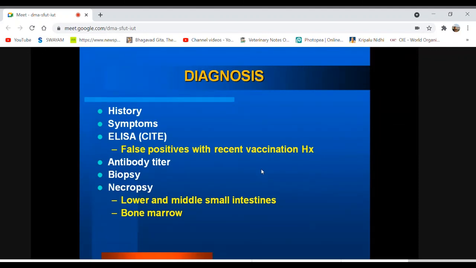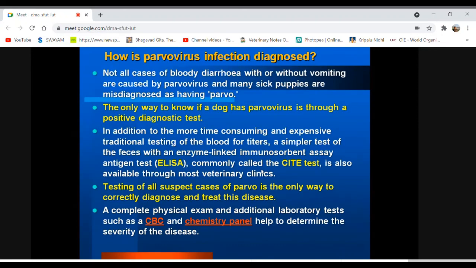Then you have to detect the antibody titer, and do biopsy and necropsy examination, mostly of the lower and middle small intestine, to see the changes we have already seen: linear hemorrhage or congestion, necrotic ulcerative lesions and Peyer's patches, or the bone marrow to see destruction of the stem cells, right?